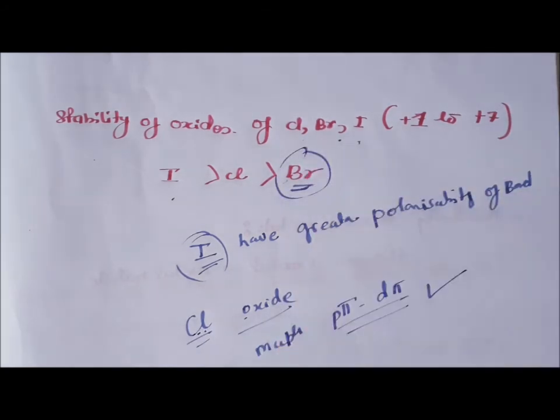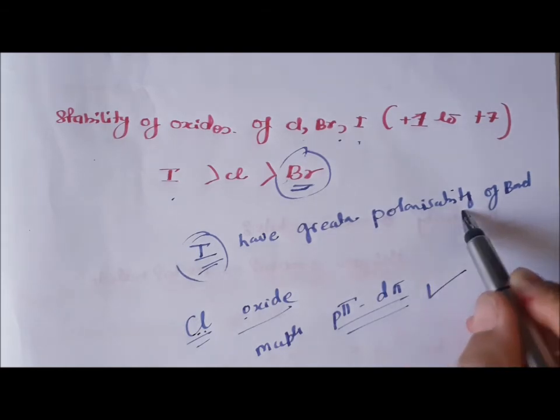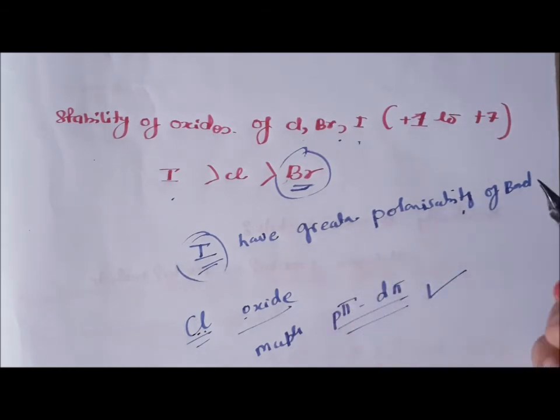Now bromine is the least stable, because its effect is bigger, it will not form p pi d pi multiple bonds with oxygen, and because of that the oxide of bromine is less stable compared to the oxides of iodine and chlorine.